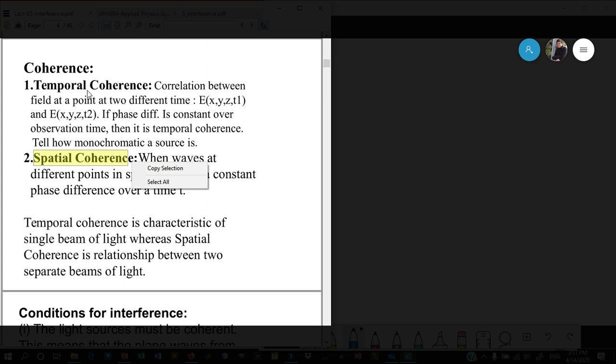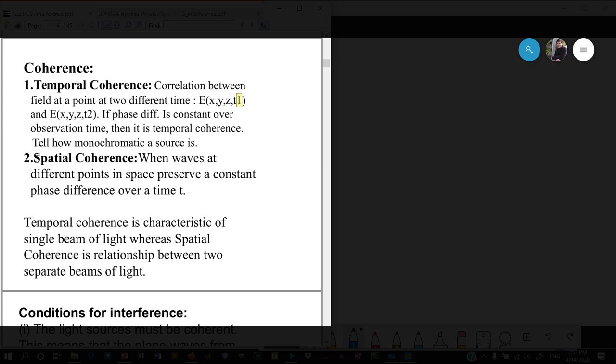What is temporal coherence? Temporal coherence means that the phase difference or the phase relationship doesn't change if you measure the phases at different times. And spatial coherence means the phase relationship remains constant, or is preserved, in space. So if you measure the phase relationship at two different points in space, then the phase difference doesn't change.